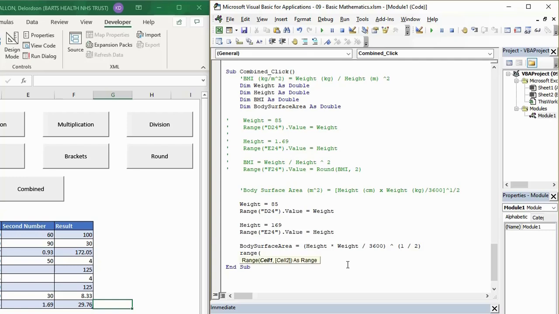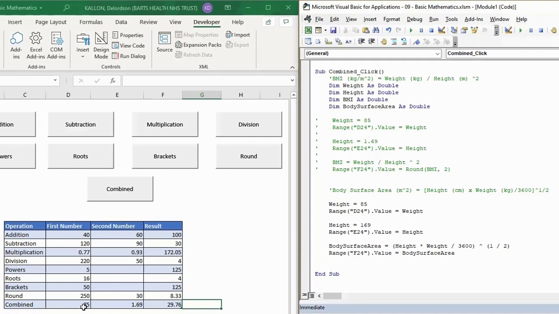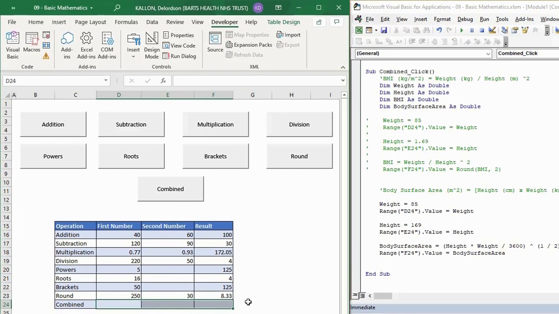Let's write the output out to Excel. Okay, let's run this code and see what we get. And we get nearly 2 meters.